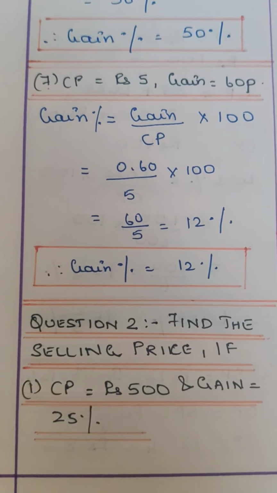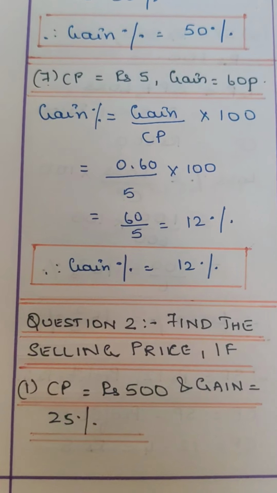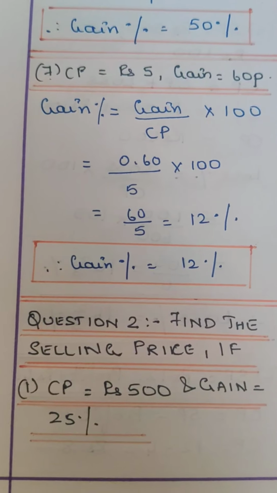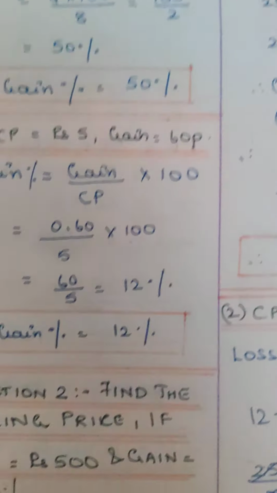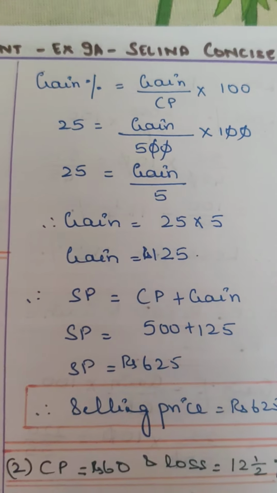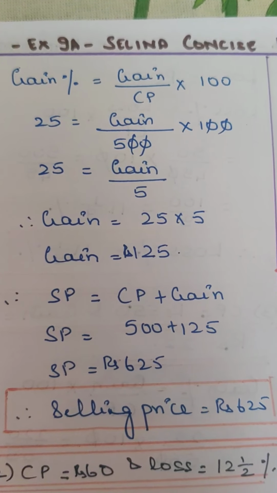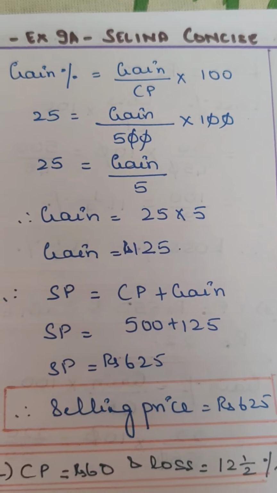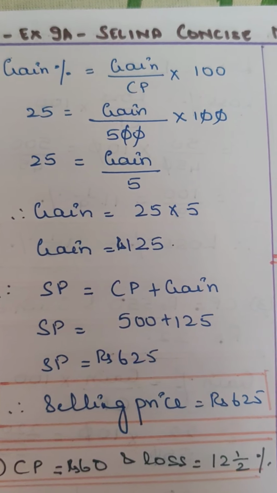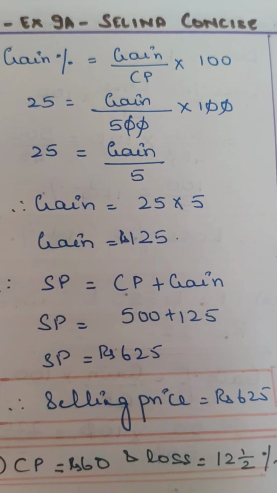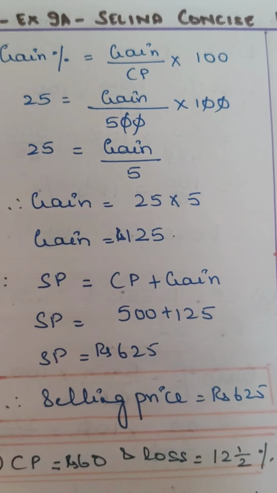Question 2. Find the selling price if cost price is equal to rupees 500 and gain is equal to 25%. What do you do here? Gain percent is equal to gain by cost price into 100. Therefore, 25 is equal to gain by 500 into 100. That gives you 25 is equal to gain by 5.